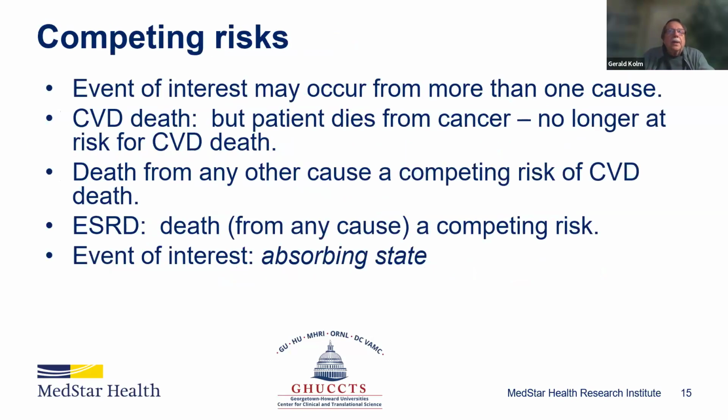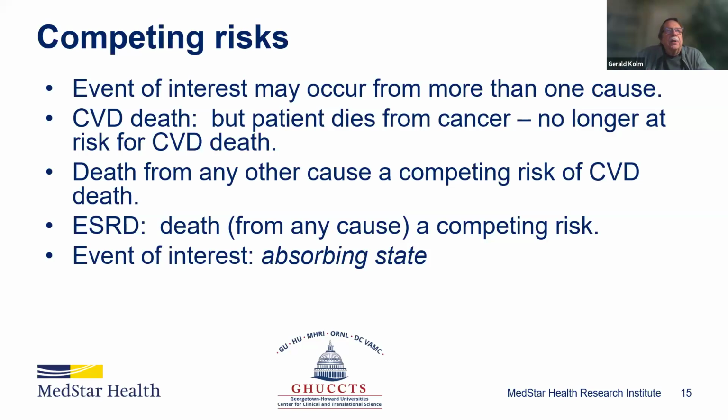In the case where we have competing risk, as I gave an example before, maybe our outcome is cardiovascular death, but the patient dies from cancer. At that point, they're no longer at risk for cardiovascular death. So how do we handle that?